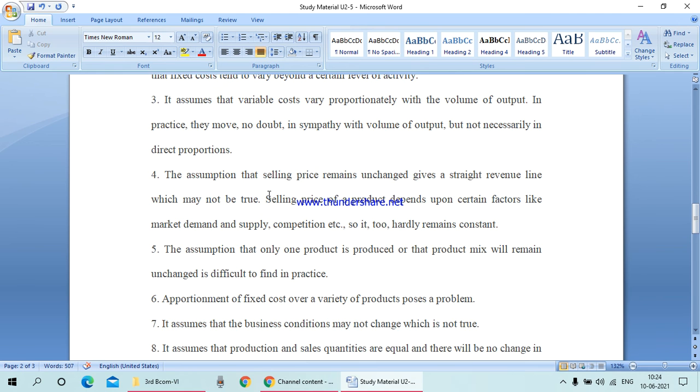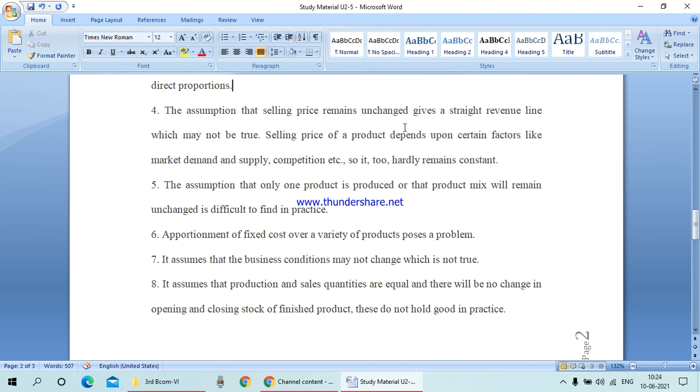The assumption that selling price remains unchanged gives a straight revenue line, which may not be true. Selling price of a product depends upon certain factors like market demand and supply, and competition, so it hardly remains constant.